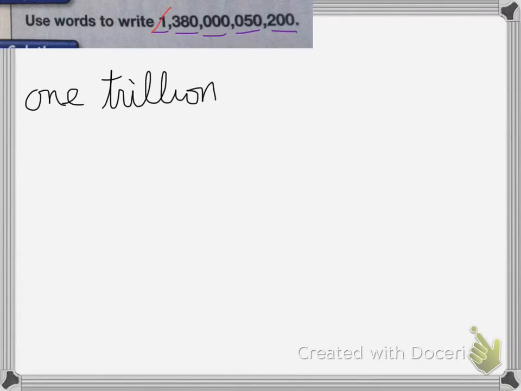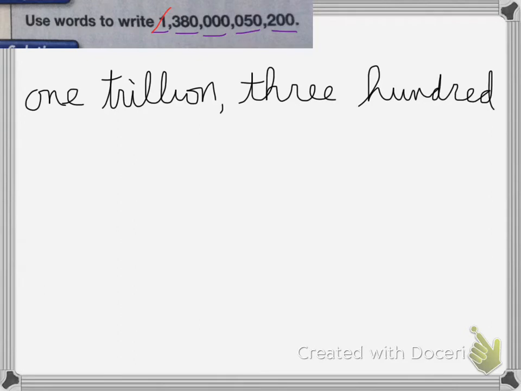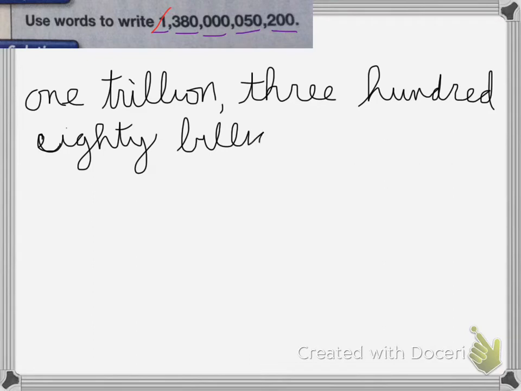Then I'm going to put a comma, and I'm going to deal with the billions place. So I have 380 billion. I'm just going to write that out: 380 billion. We don't put an "and." Comma. The next one is the millions place, but I have nothing in the millions place, so I can just cross that off.